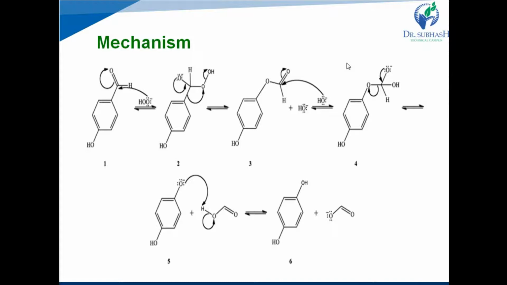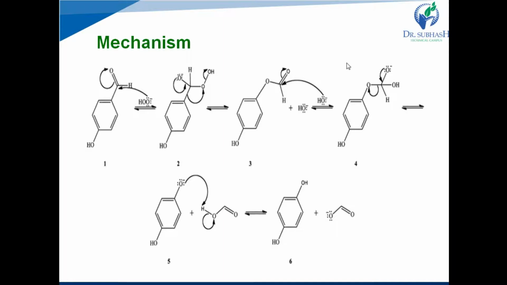Now hydroxyl group or OH minus again attacks the carbonyl carbon and forms the product 4. There is rearrangement occurring in structure 4. What occurs? Bond between oxygen and carbon gets lysed. Breakdown of this bond occurs, and oxygen acquires the electron and negative charge, and simultaneously one acid molecule is formed, that is formic acid, right?